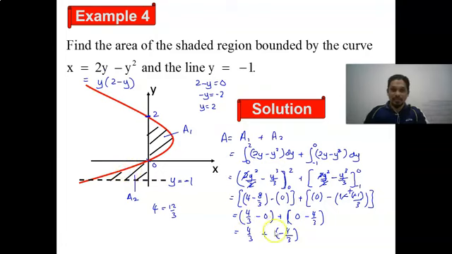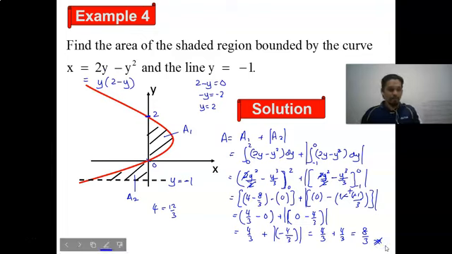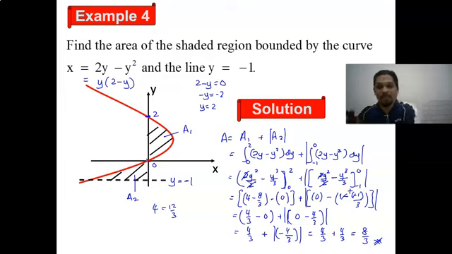So that's why we use absolute values here and here and also here. So simplify this: 4/3 plus 4/3 equals 8/3 unit square. Okay, next.